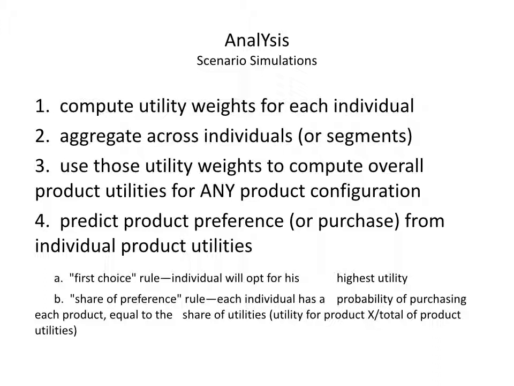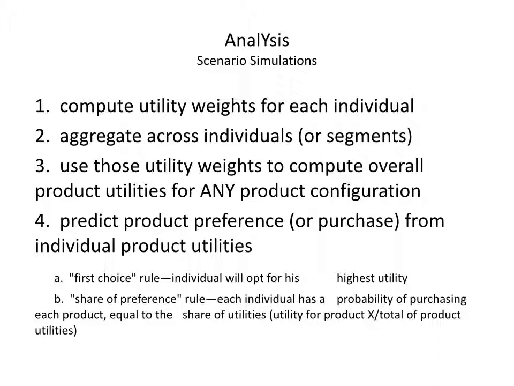So if a consumer is looking at three products and we knew the utility weight for each attribute level, and we knew what the attributes were in each product, then we should be able to predict which product would be preferred.